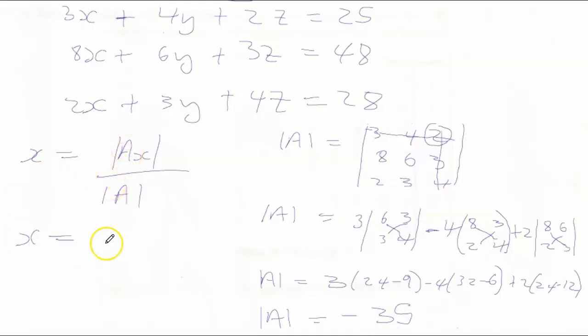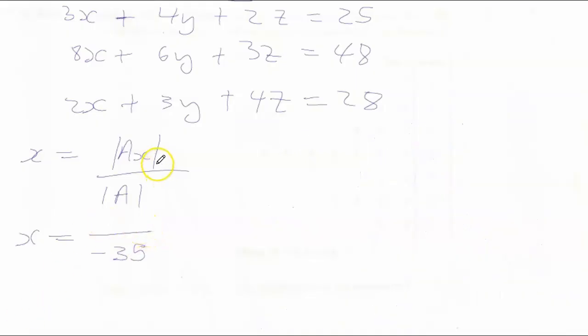So in this formula, for calculating x, the denominator will be negative 35. Now we need to find the matrix AX. To get the matrix AX, we simply replace all the x coefficients with the values on the right.